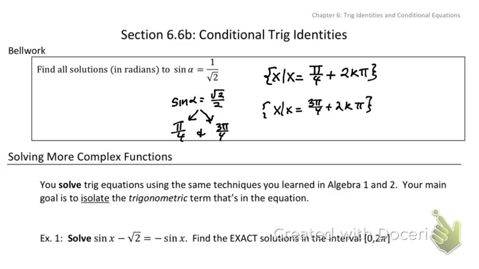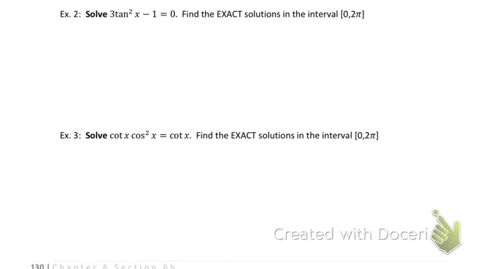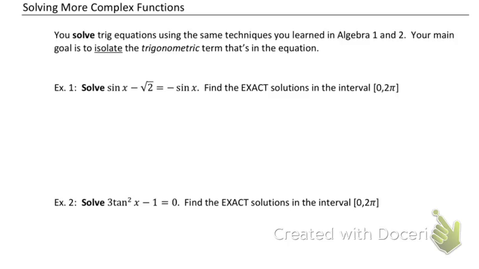All right. So if we have no questions, then let's jump right into solving more of these. And it's kind of more of the same, just with a twist. If you look at the top, it talks about algebra.